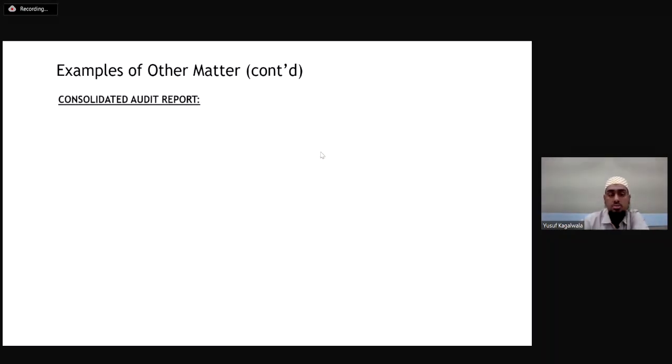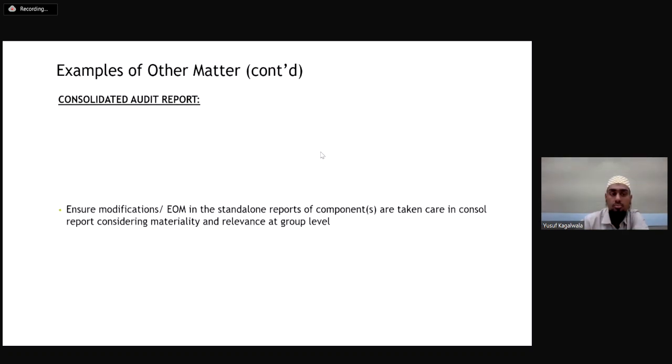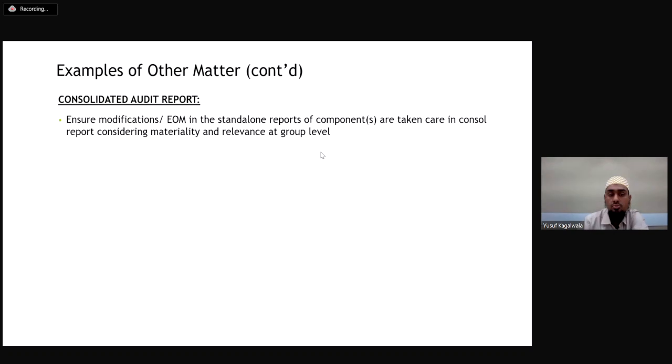Another audit matter comes in case of the consolidated audit report. In a consolidated audit report, the first thing we need to ensure is that all the modifications or emphasis of matter in the standalone audit reports of components are taken care of in the consolidated audit report based on materiality.